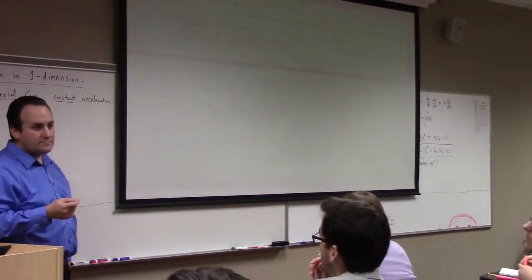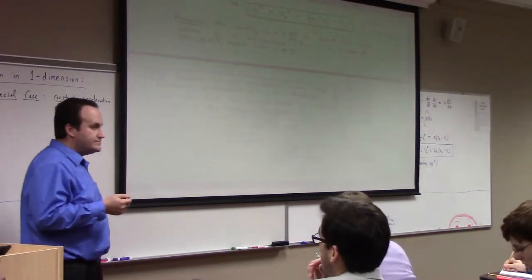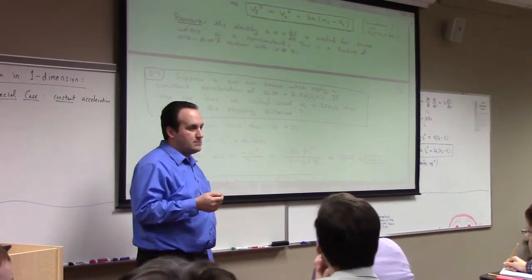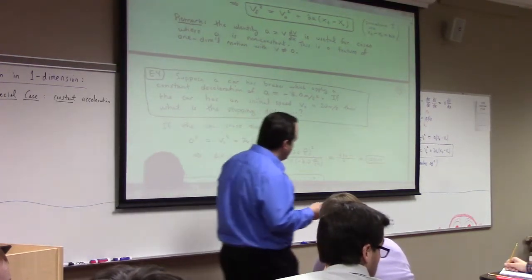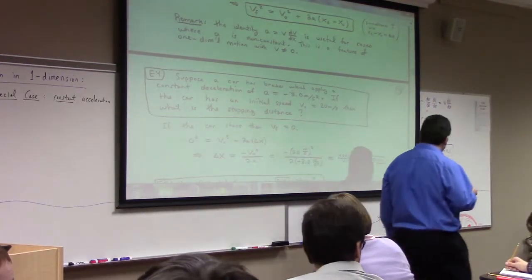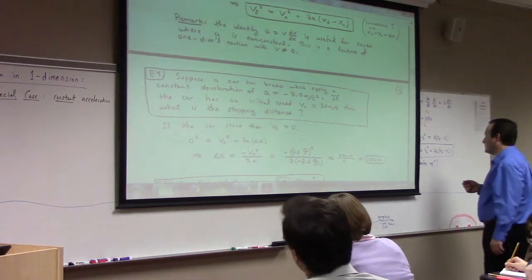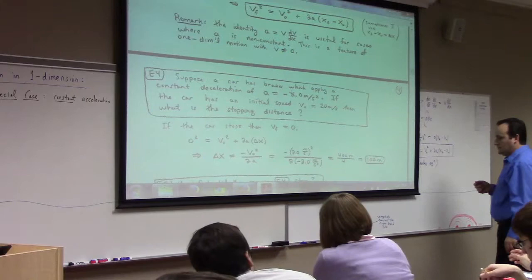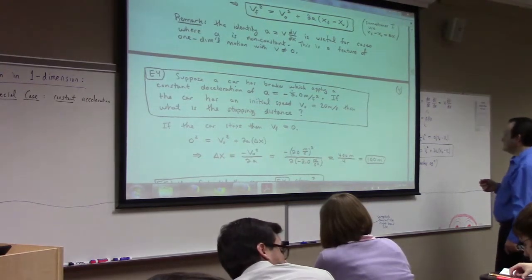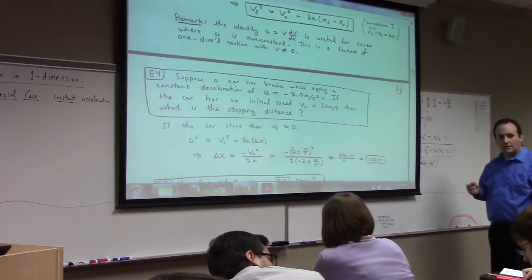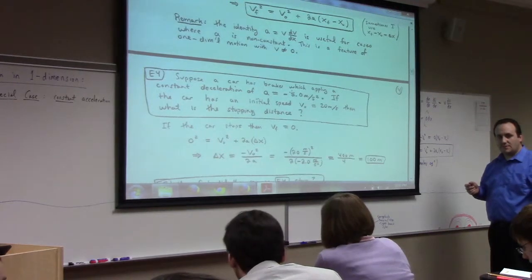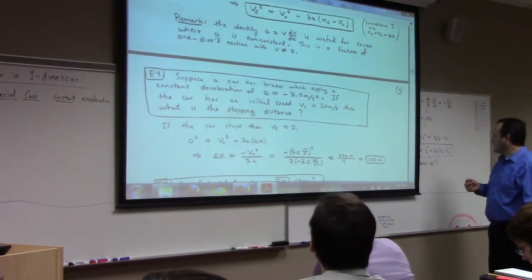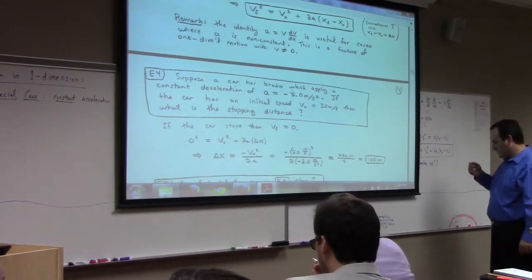Would you be against it if for the second formula it was x of t equals x naught plus v naught t plus 1/2 a t squared? Would you be horribly offended if we change it to delta x equals v naught t plus 1/2 a t squared?